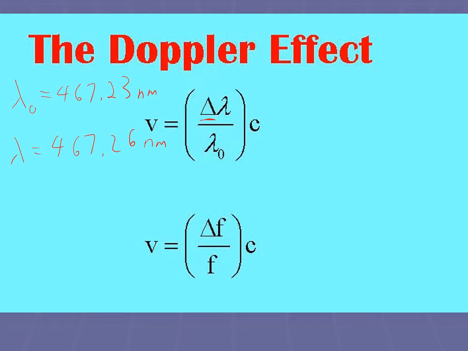And so we can find out how fast it's going by saying that's equal to the difference, 0.03 nanometers, divided by the lambda sub 0, which means that's what it's supposed to be, 467.23 nanometers, times the speed of light. Okay, speed of light is 300,000 kilometers per second.